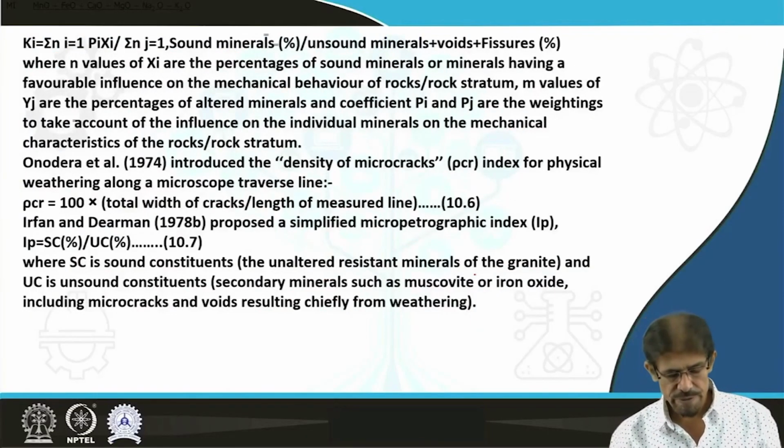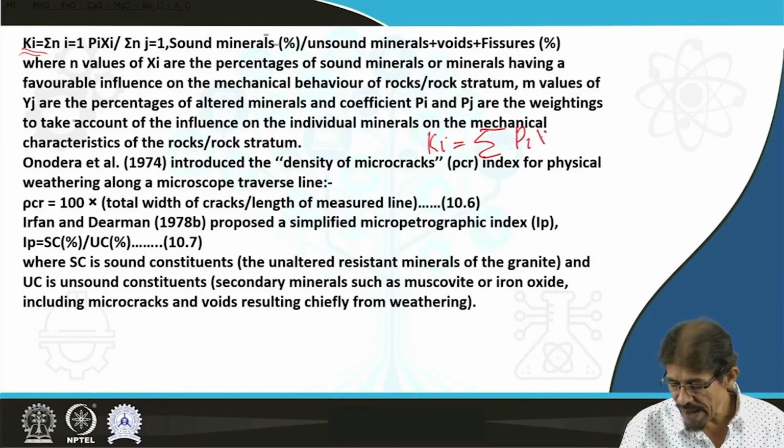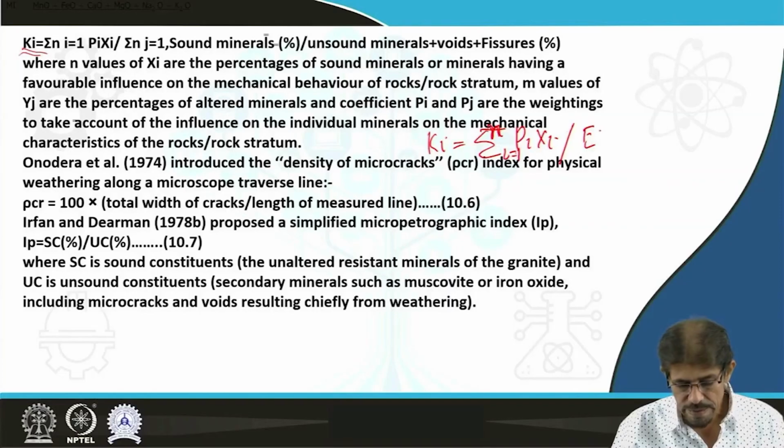This gives an index simply Ki equal to the summation of Pi xi, where the range upper boundary is n, i equal to 1, divided by again the summation of m, j equal to 1, of Pj yj.